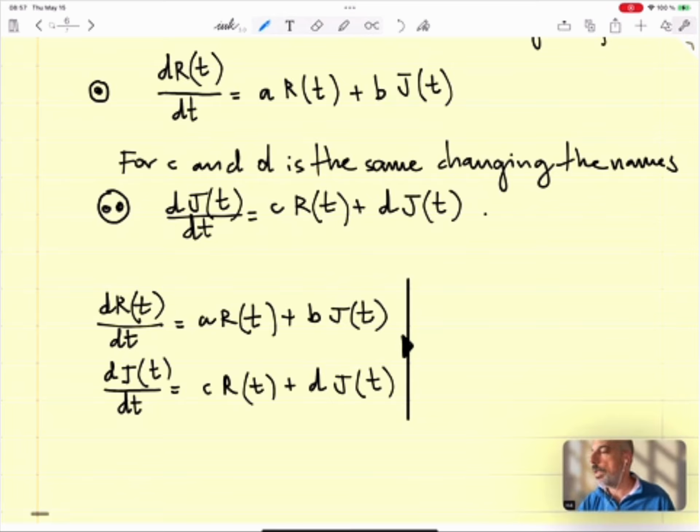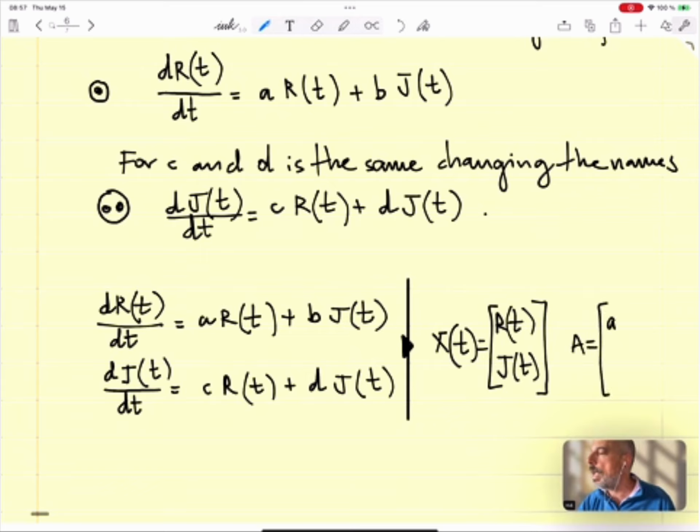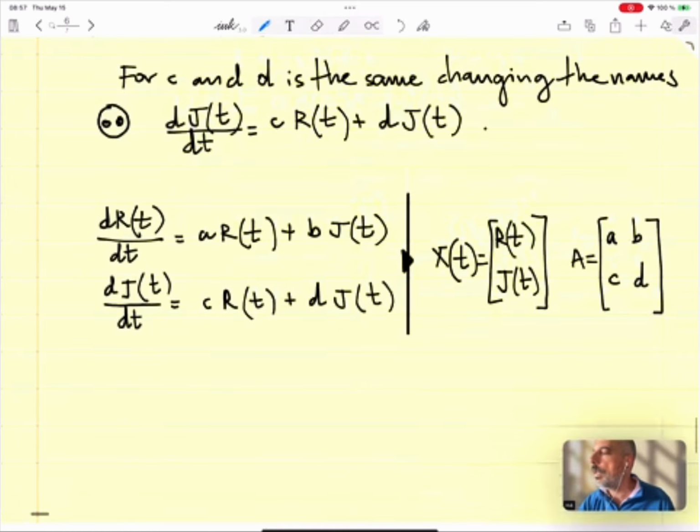So, we can describe this in a vectorial notation. So if we say x is a vector of two functions, and we have a matrix A of A, B, C, and D, then we can say that the derivative of x with time equals A times x of time.